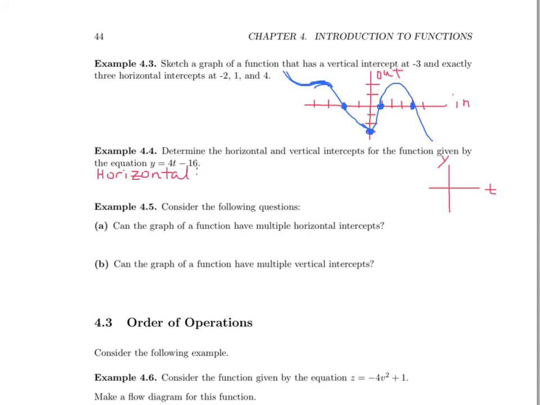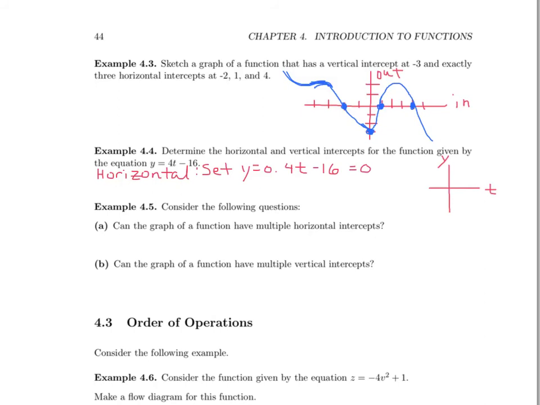In this case, that means we have to set y equal to 0. If I take the equation and I replace y with 0, I arrive at the equation 4t minus 16 equals 0. The horizontal intercept will be the value of t that satisfies this equation.